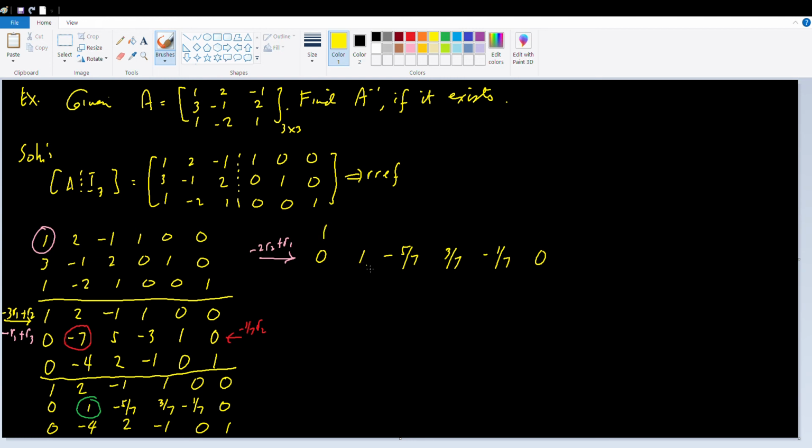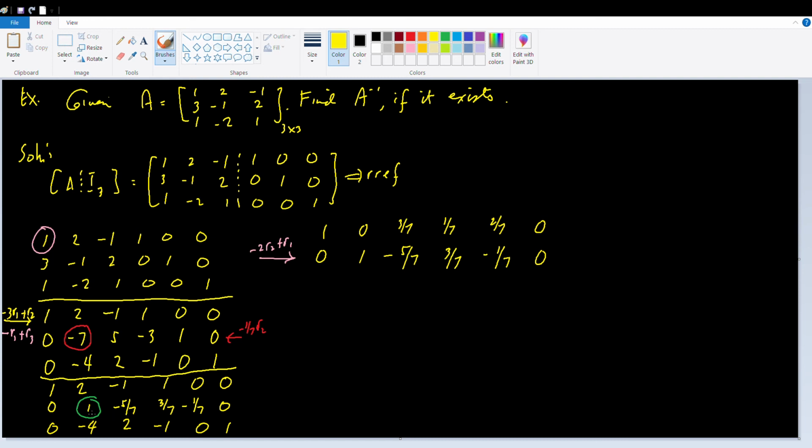Negative 2 times 1 is negative 2 plus 2 is 0. Negative 2 times negative 5 over 7 minus 1 will give us 3 over 7. Negative 2 times 3 over 7 is negative 6 over 7 plus 1 will give us 1 over 7. Negative 2 times negative 1 over 7 is positive 2 over 7 plus 0 is 2 over 7. Negative 2 times 0 is 0 plus 0 is still 0. Okay?